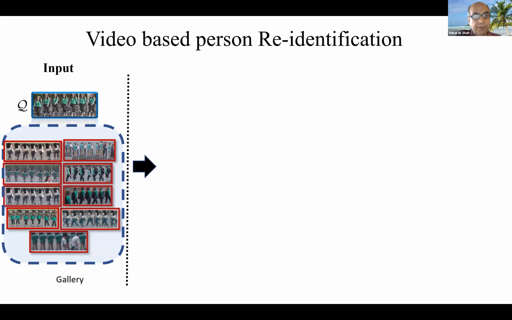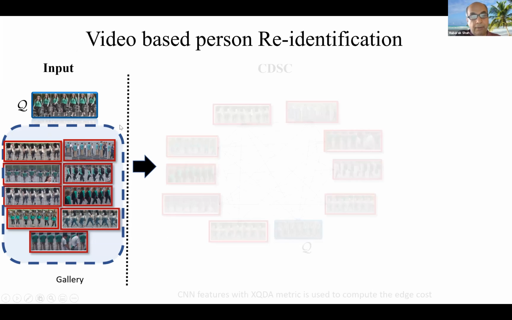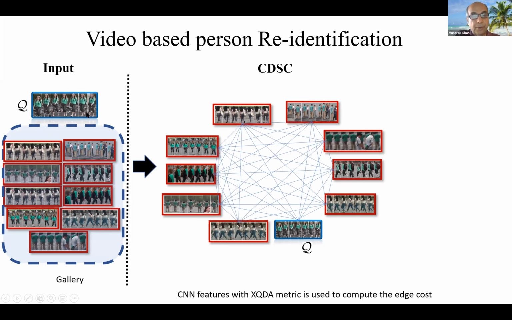So here's an example. We have an input image and we have a gallery. Again, we make a graph. The query is one node, and the other video clips from the gallery are the nodes.